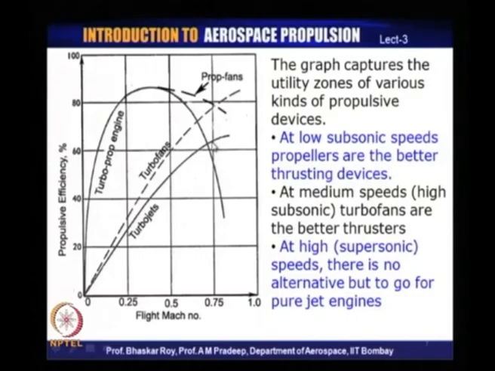So, in case of supersonic aircraft, we consciously go for turbojet engines because of their compactness, knowing fully well their propulsive efficiencies are going to be somewhat on the lower side in comparison to the other kinds of propulsive devices, which are the turbofans and the turboprops, which, as I mentioned, are often used in the lower Mach number ranges.